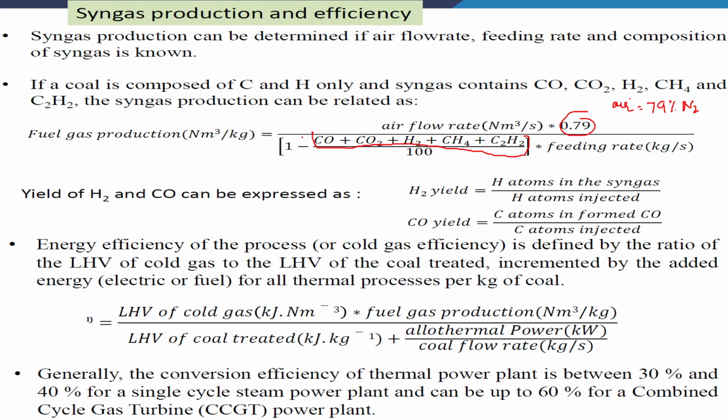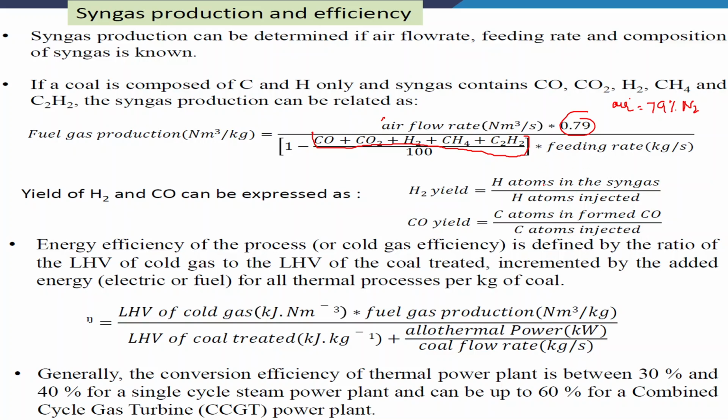So this is also the amount of nitrogen present in the feeding rate. This is the nitrogen we have fed, and this is the nitrogen which we have got in our effluent.